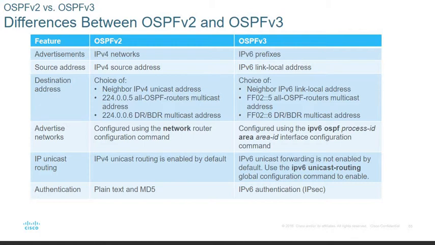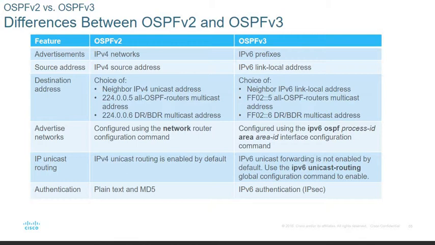Destination address choice: OSPFv2 uses the neighbor IPv4 unicast address, 224.0.0.5, the all OSPF routers multicast address, or 224.0.0.6, the DR/BDR multicast address. OSPFv3 uses the neighbor IPv6 link-local address, FF02::5, the all OSPF routers multicast address, or FF02::6, the DR/BDR multicast address.